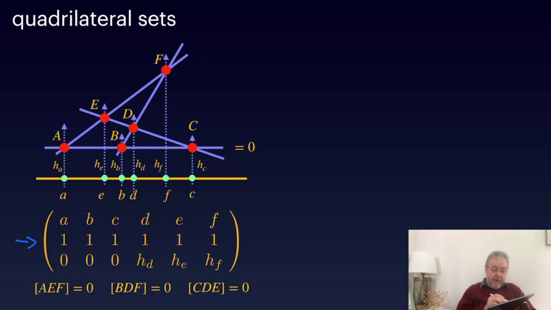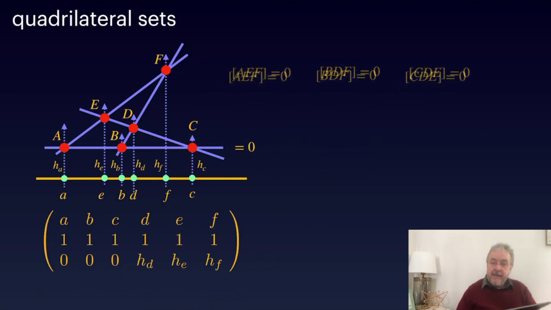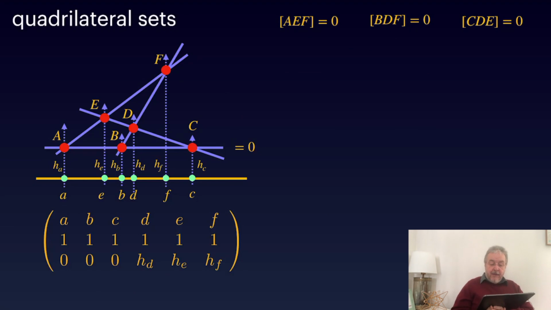So we think of those points embedded in the standard embedding with the x-coordinate being A, B, C, D, E, and the y-coordinate is what's happening down here, and the embedding coordinate is this one. So we want to satisfy this choice of coordinates. We don't know HD, HE, and HF yet, but we want to satisfy those constraints as well. So let's have a look at those constraints.